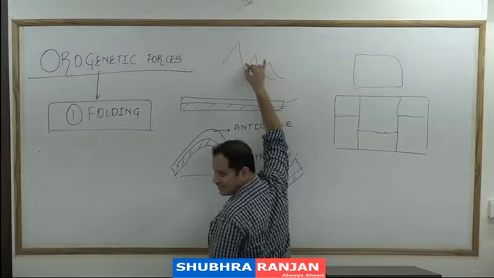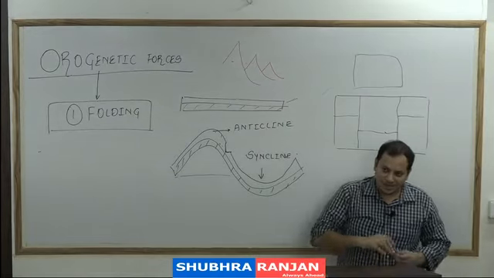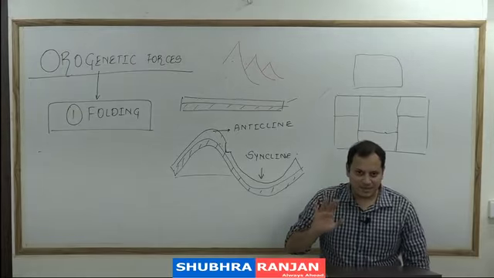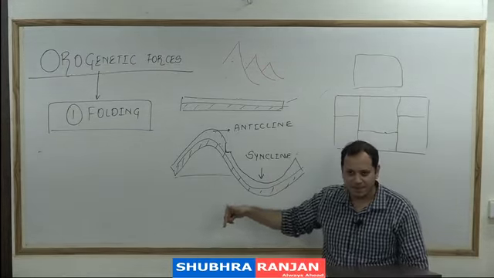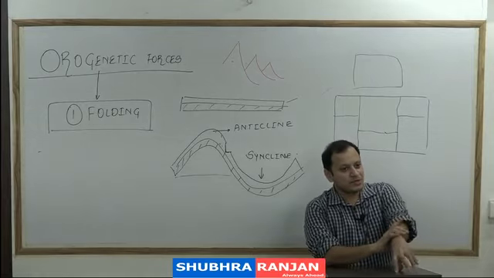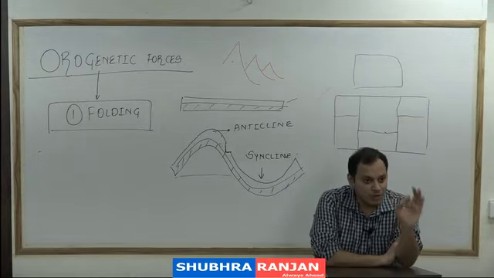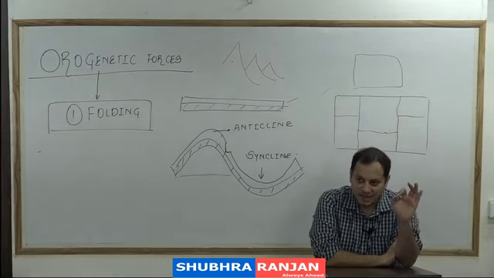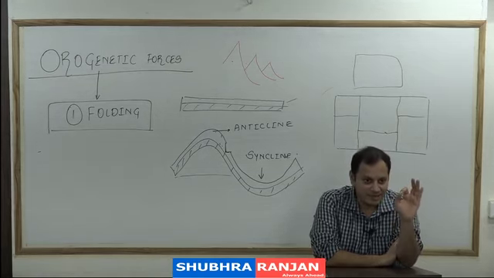What is this? This is a syncline. What is this? This is an anticline. Because forces are still being applied, over the period of time there will be anticline and syncline here too. In mountains, it is not necessary that every mountain has anticline and syncline, but fold mountains will always have anticline and syncline. Block mountains will not have an anticline and syncline.